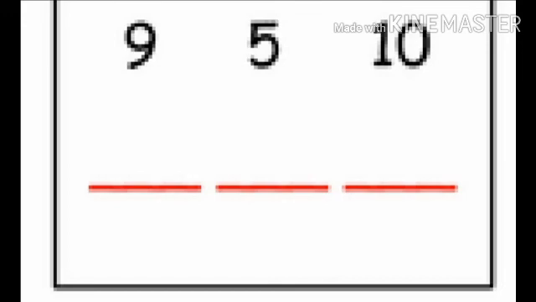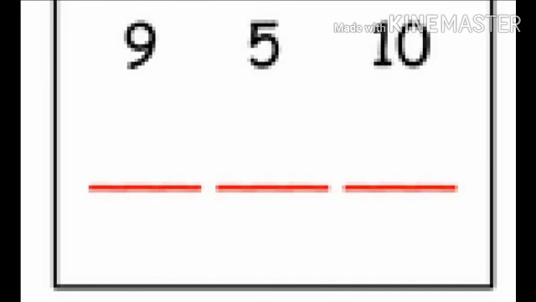Now after 5, which is the smallest number? After 5, what number should come? 6, 7, 8. But these numbers are not there, isn't it? So after 8 what number should come? Number 9. Is number 9 there?